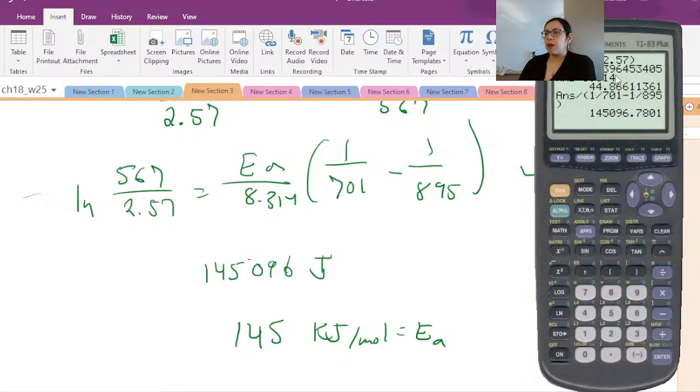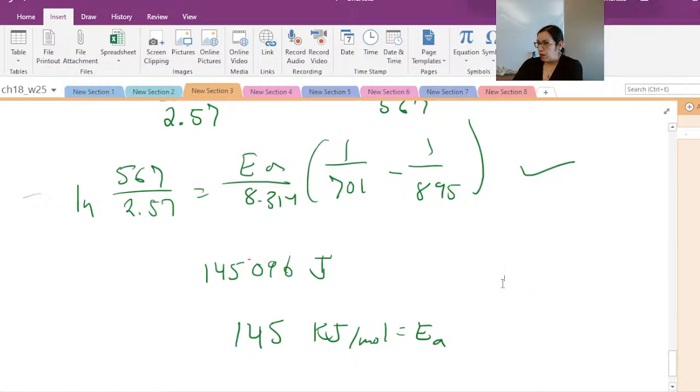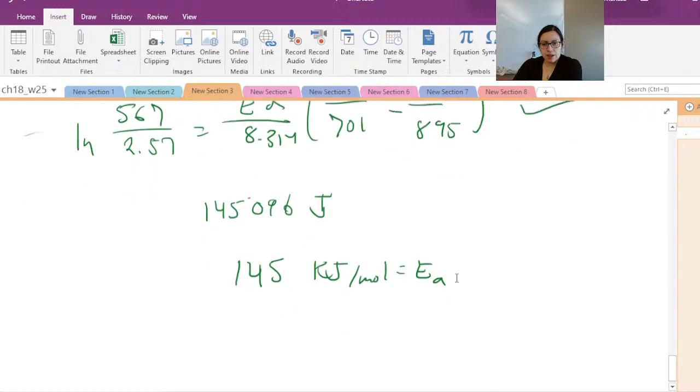Yeah, that's just math, plugging it in, because that's what you get when you plug it in for the EA, and then that answer is in joules. So then just divide by 1,000. Questions, other questions? This will be pretty common, so you'll see that.